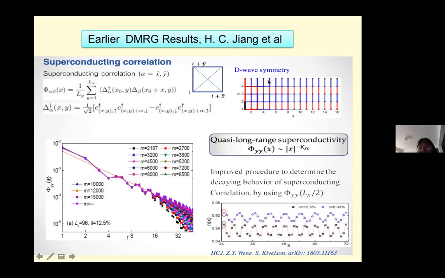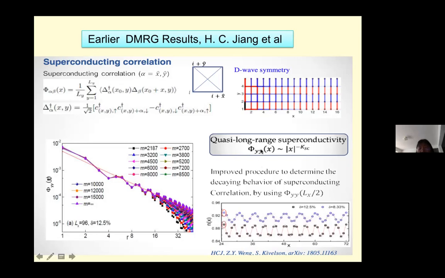All the correlation along the y direction actually has a varying sign. So if the order parameter is in the same column, then the sign is positive. When you shift by one bond in the y direction, you get the negative sign. So that is not a uniform d-wave symmetry.